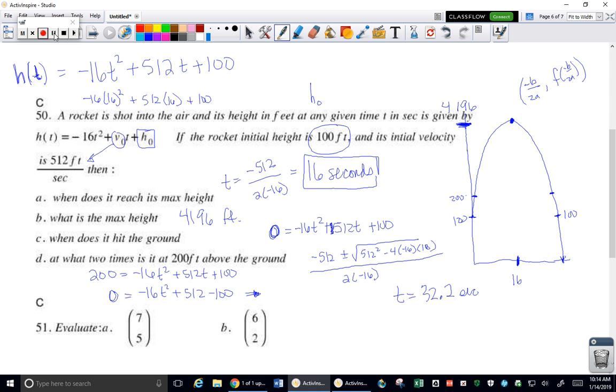So let me pause it for a second. Those two times are 0.19 seconds and 32 seconds, approximately, the 2 times when this thing will be 200 feet above the ground. So I used my calculator and I saw when this equation right here was 0, and it happened to be here and there. How fun.